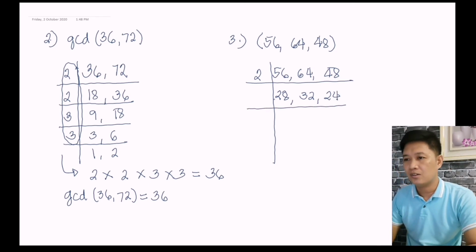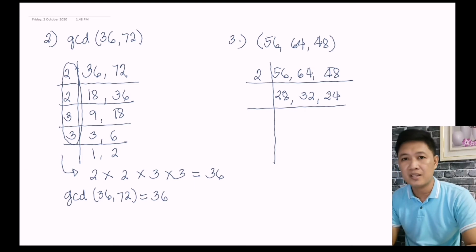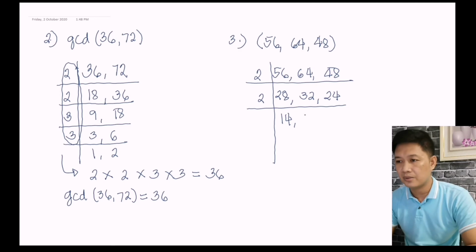Okay, so anong common sa kanilang tatlo? Kasi even sila. Very good. So, pwedeng 2. 28 divided by 2 is 14. 32 divided by 2 is, correct, 16. 24 divided by 2 is, very good, that is 12.